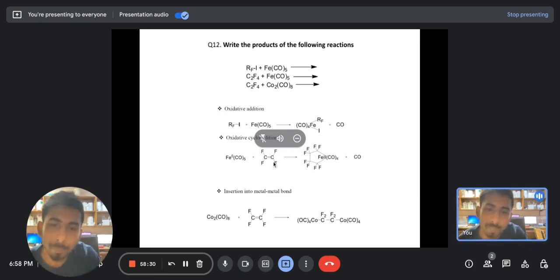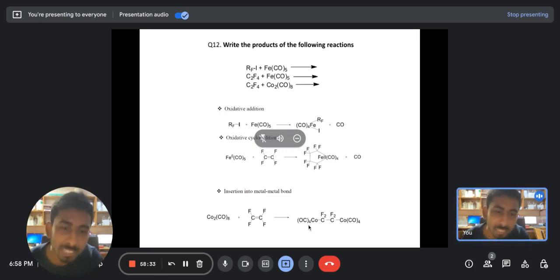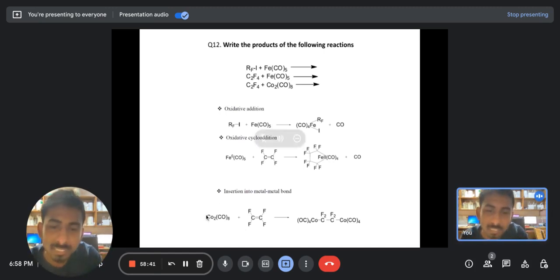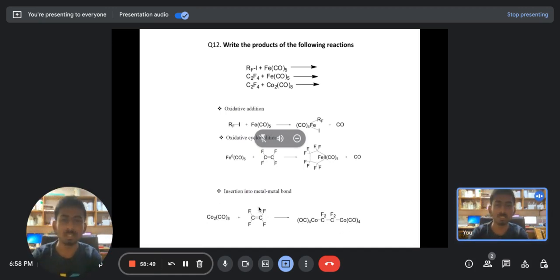So in this case, what happens, instead of getting cyclically added, because we are having two metal moieties in this single compound octacarbonyl dicobalt, one Co(CO)4 fragment gets attached to this carbon, and another gets attached to the other carbon. This is actually insertion into the metal.